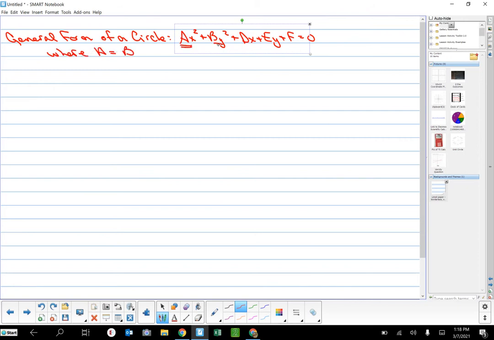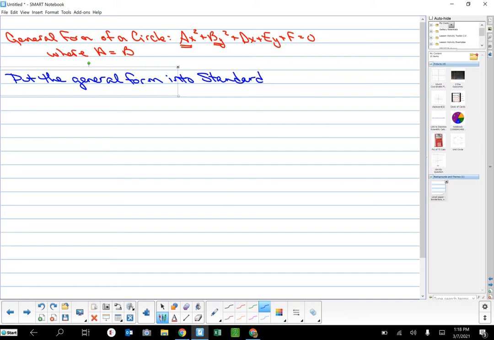So these two numbers have to be exactly the same in the general form. Okay, so when you see something like this, your job is going to be to put the general form into standard form, because you can't tell anything about the circle in general form, by completing the square.